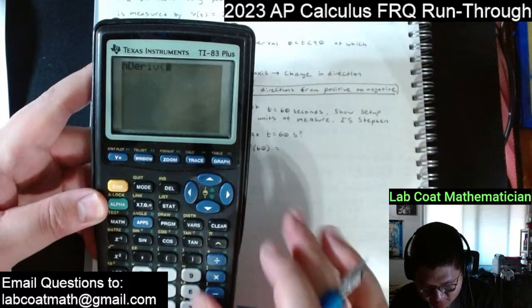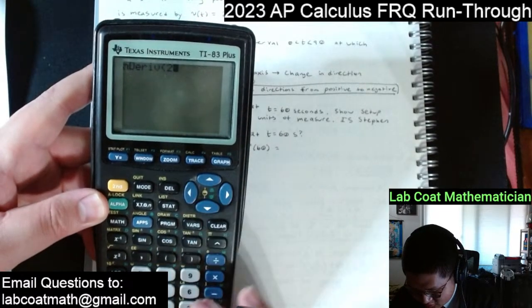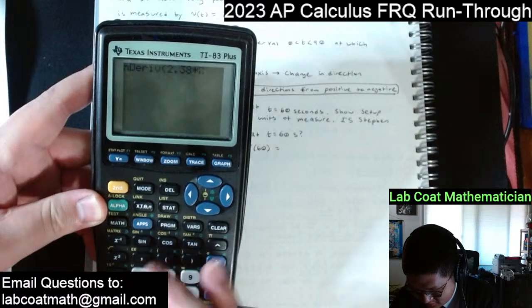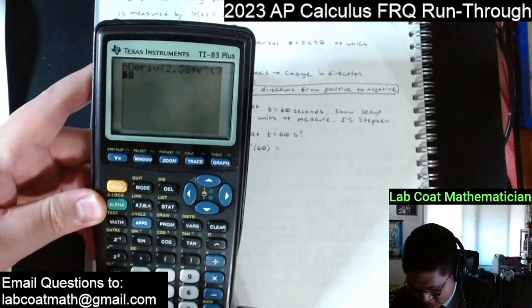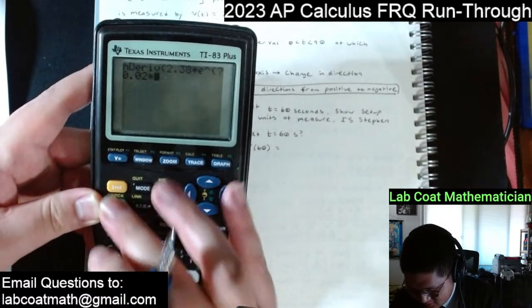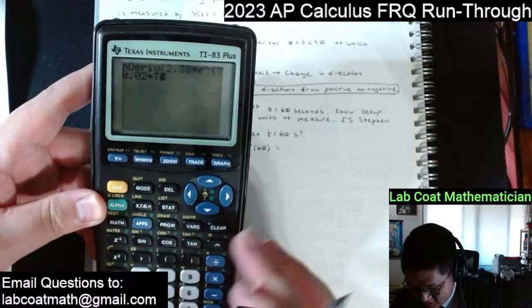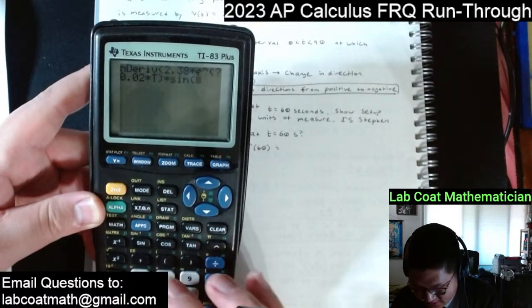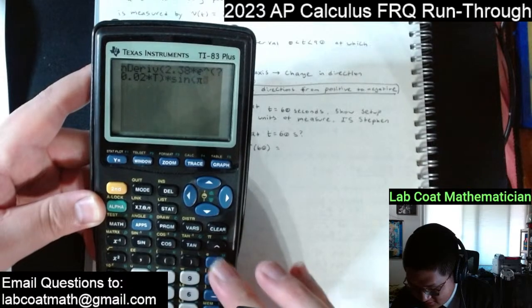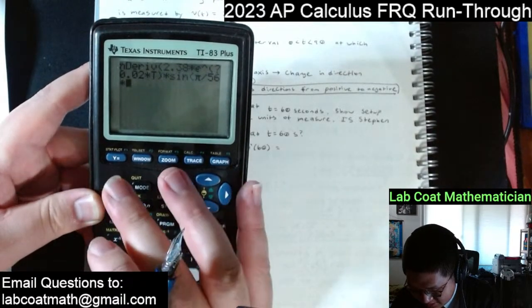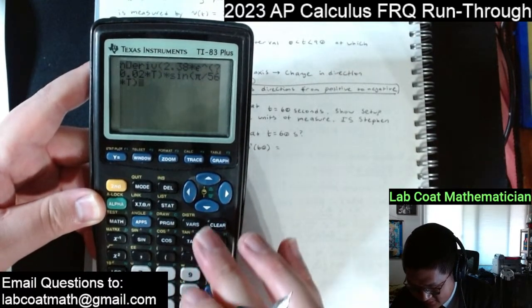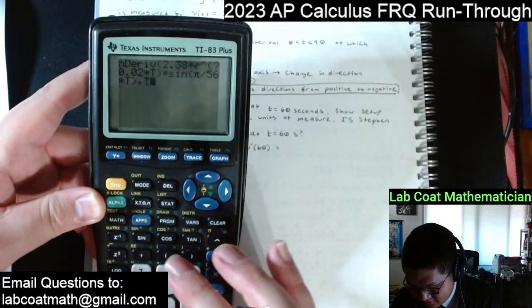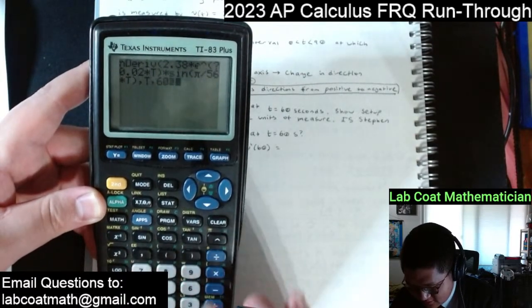So by putting in, once again, directly into the calculator, 2.38 multiplied by e raised to the negative 0.02 t, multiplied by the sine of pi divided by 56 multiplied by t again. Okay, again, closing that off, we're going to go with the variable of t for this, and exactly 60 for that variable.